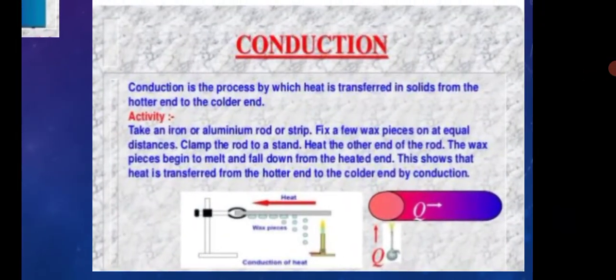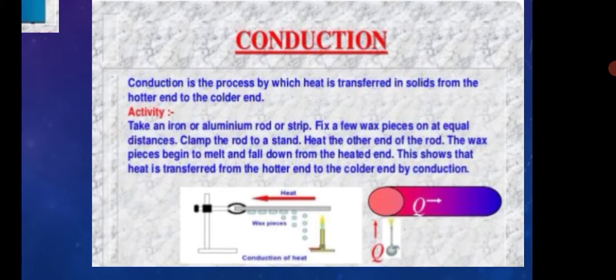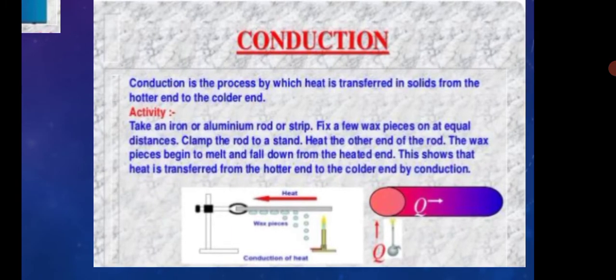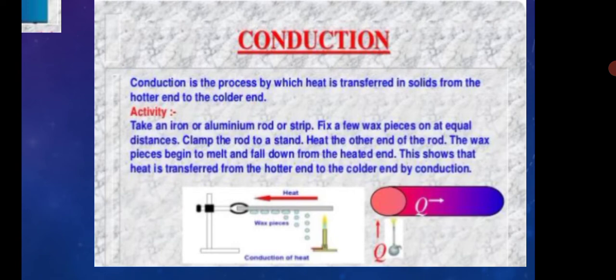When an iron rod is placed on a flame, the end touching the flame starts heating. Slowly this heat travels to the other end and the other end becomes hot too. The process of transfer of heat from the hotter end to the colder end of an object is called conduction.